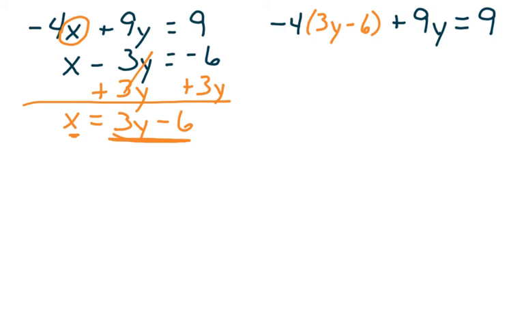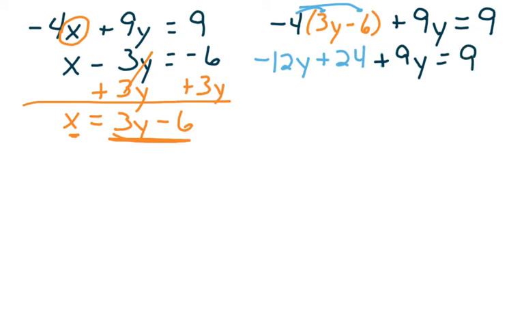Now, once again, we have to get rid of those parentheses, so I have to use my distributive property. So this is now negative 12y. Negative 4 times a negative 6, so it's going to make that a positive 24. Plus the 9y equals 9.